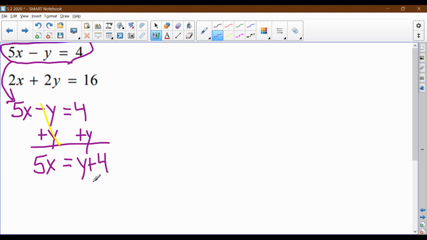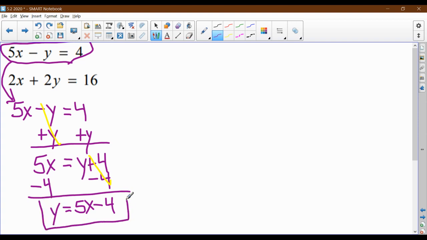Okay. Now let's get that y by itself by subtracting 4 from both sides. That would cancel out these 4's. And we have 5x minus 4 is equal to our variable y. There we go. We have now isolated one of our variables.